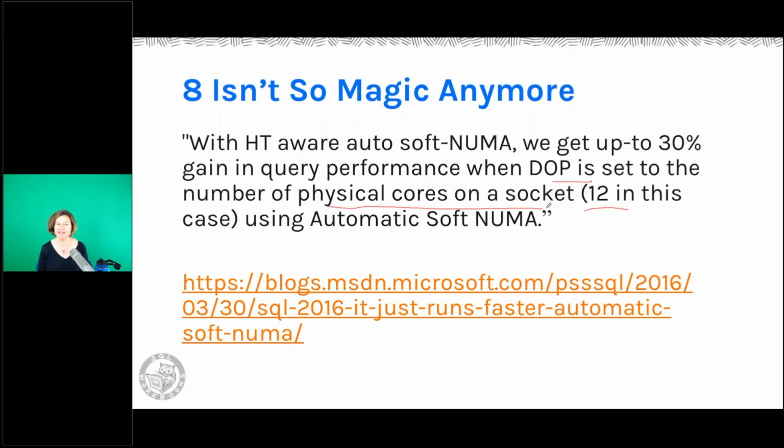This was not a virtual environment. It was automatic soft NUMA that is hyper-threading aware. In other words, it was seeing on the physical hardware how many cores you have. And on a highly concurrent workload, not just testing a single query, they got a significant performance gain from partitioning the access to those highly concurrent user structures and setting the degree of parallelism to a value higher than 8.